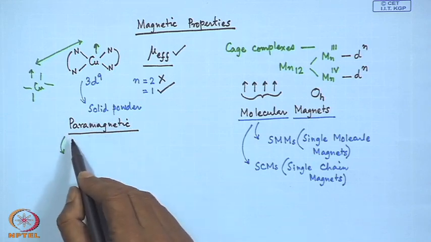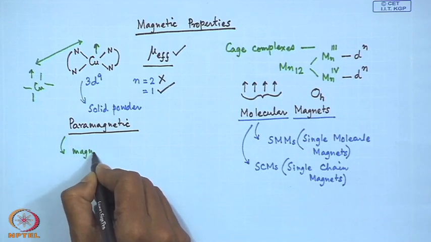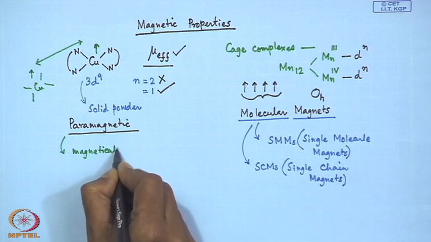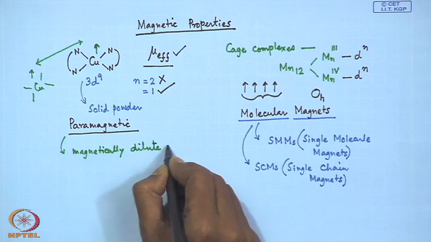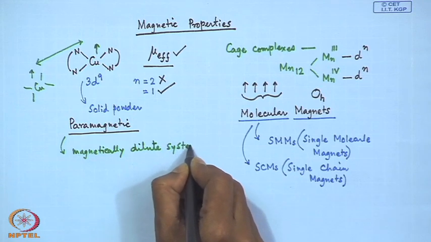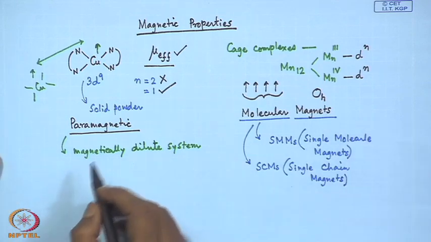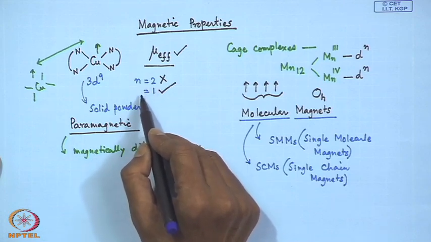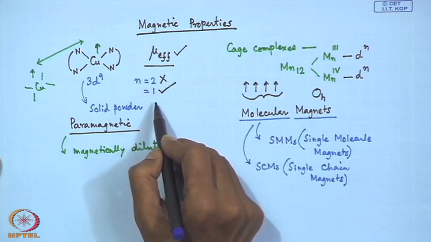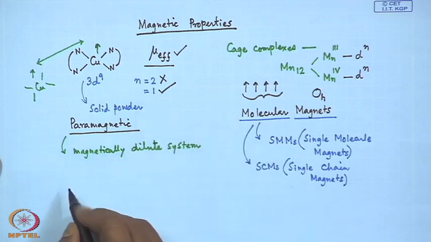So, when we have a typical paramagnetic center in a magnetically dilute system, where individual paramagnetic metal ions are well separated by the ligand system, we get the exact values of the theoretically predicted as well as experimentally predicted magnetic moment related to the number of unpaired electrons present.